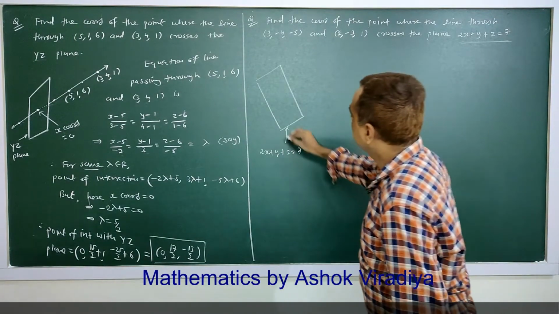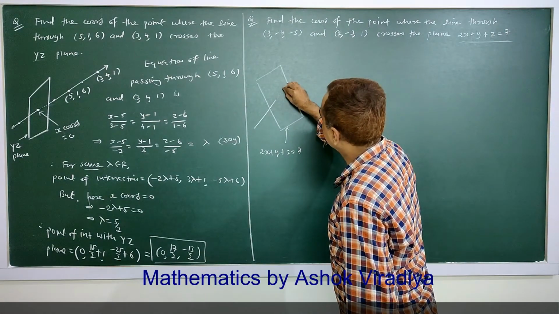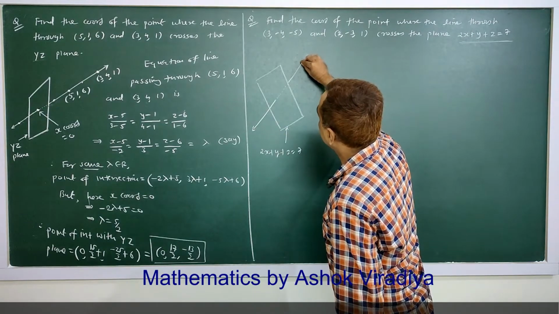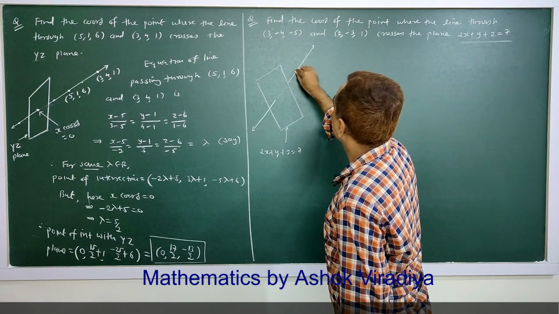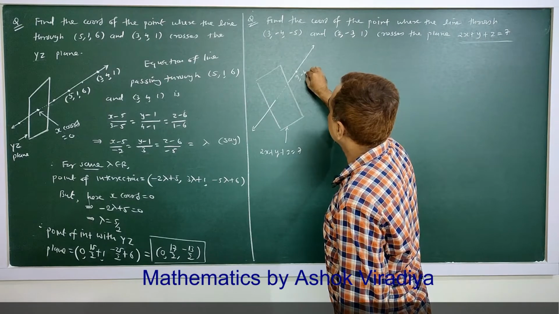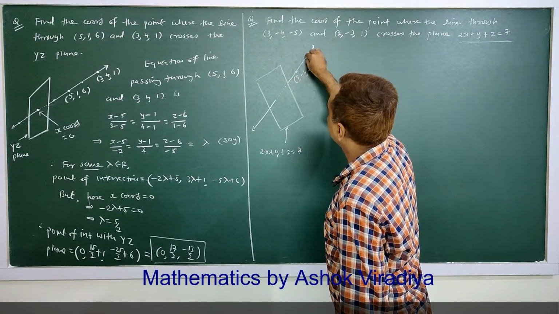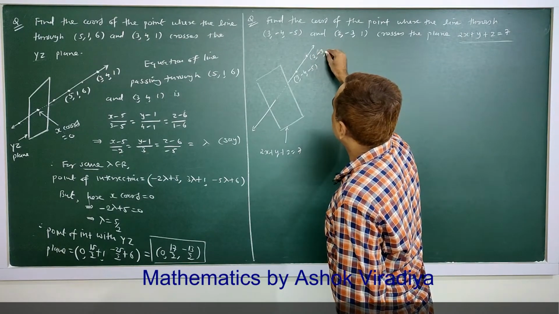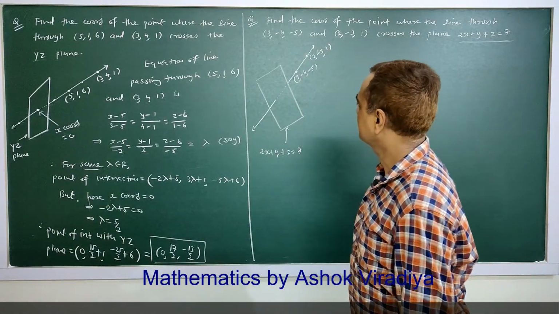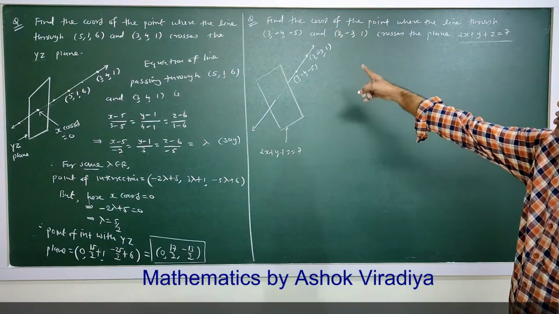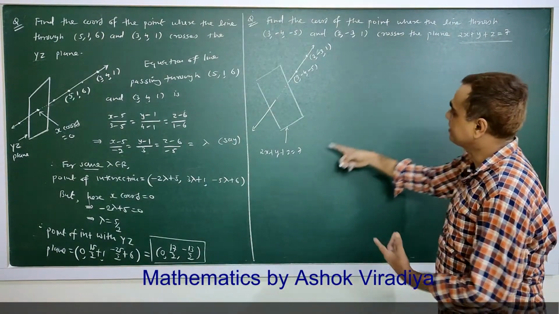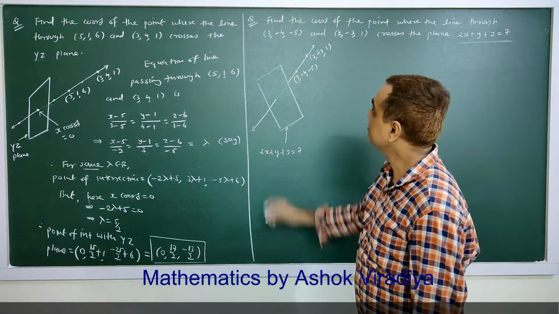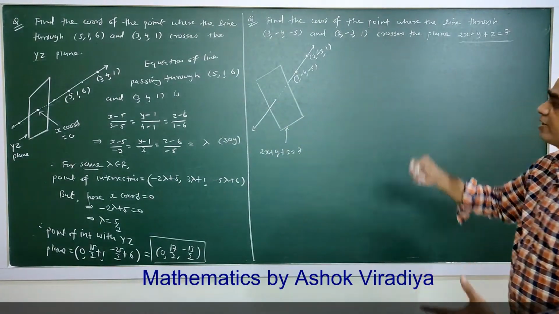There is a line which cuts this plane, and this line is passing through 2 given points, 3, minus 4, minus 5, and the second point 2, minus 3, 1. Suppose somewhere here is the point of intersection. We want the coordinates of the point of intersection.